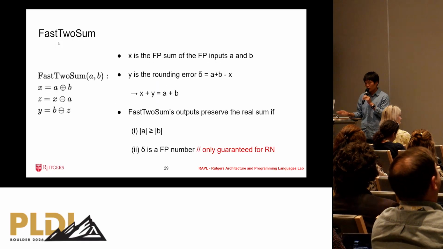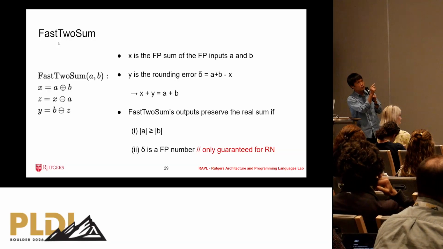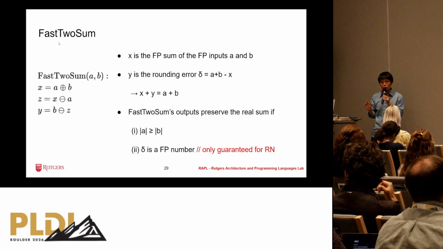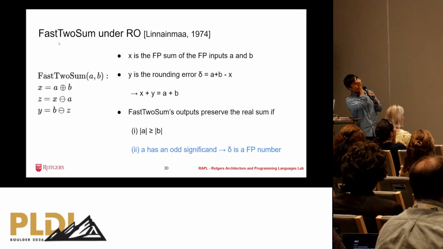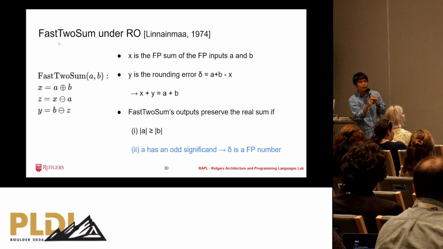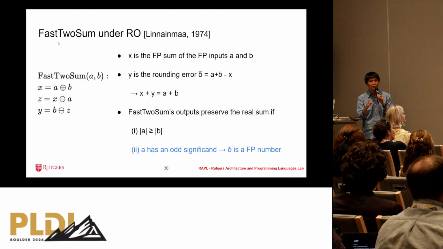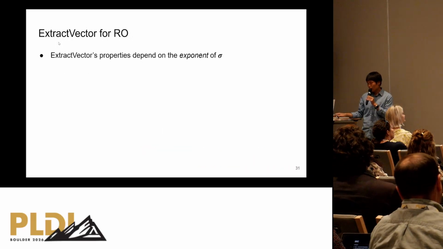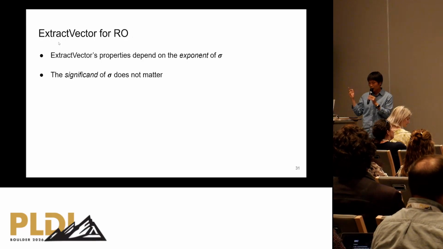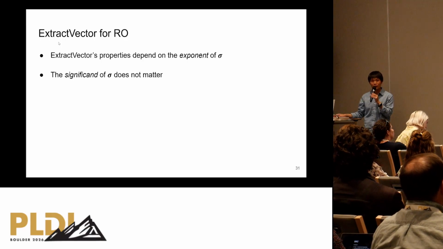So I told you earlier, fast2sum cannot guarantee that x plus y equals a plus b in its original form. But all the way back in 1974, it turns out that fast2sum is an EFT under round to odd as long as you have the additional condition that a has an odd significand. So using this property, we realize that sigma's exponent matters, but its significand doesn't.